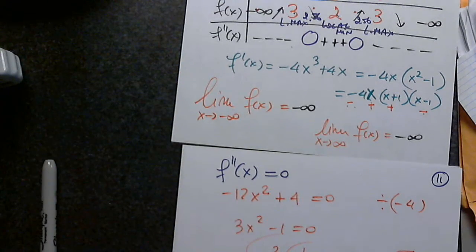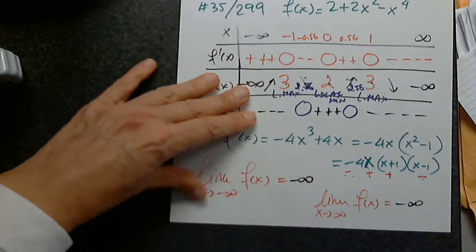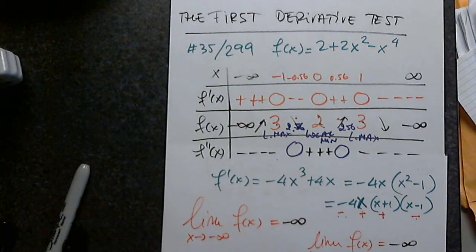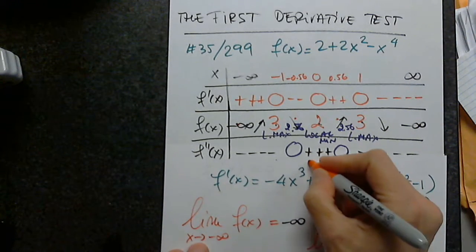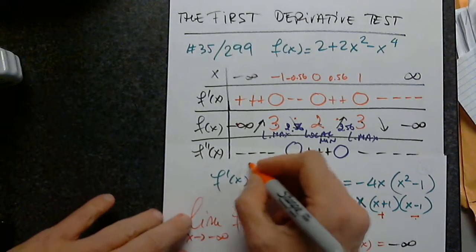Okay, so here is our conclusion. When the second derivative is positive, the function, we say, holds water. I put a sign right here. When the second derivative is negative, the function opens downward.